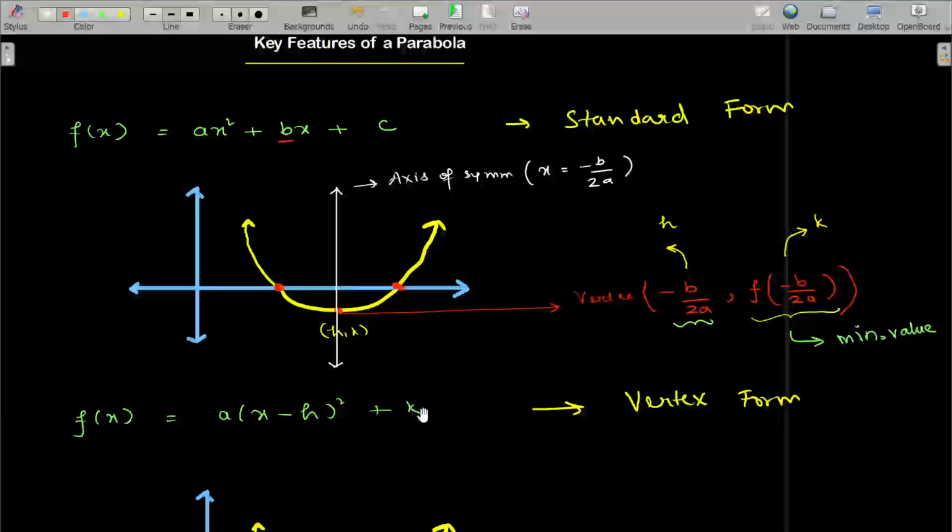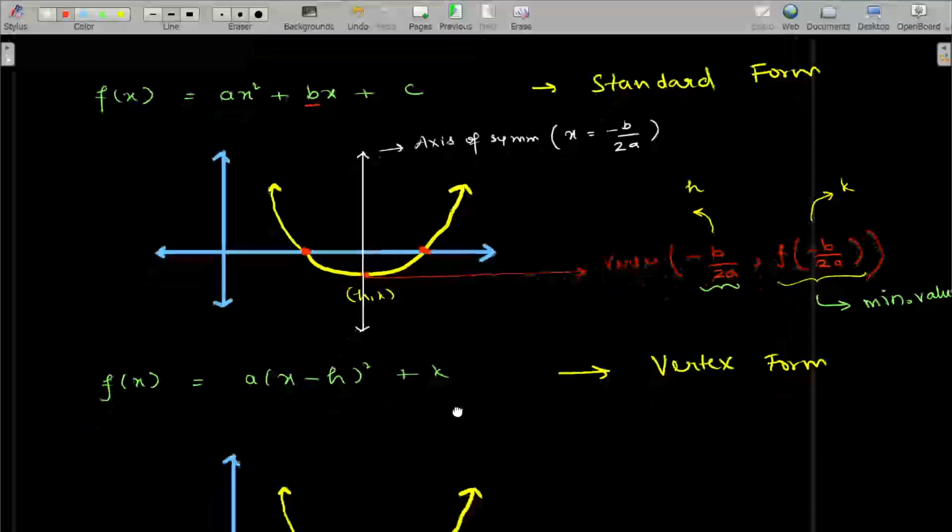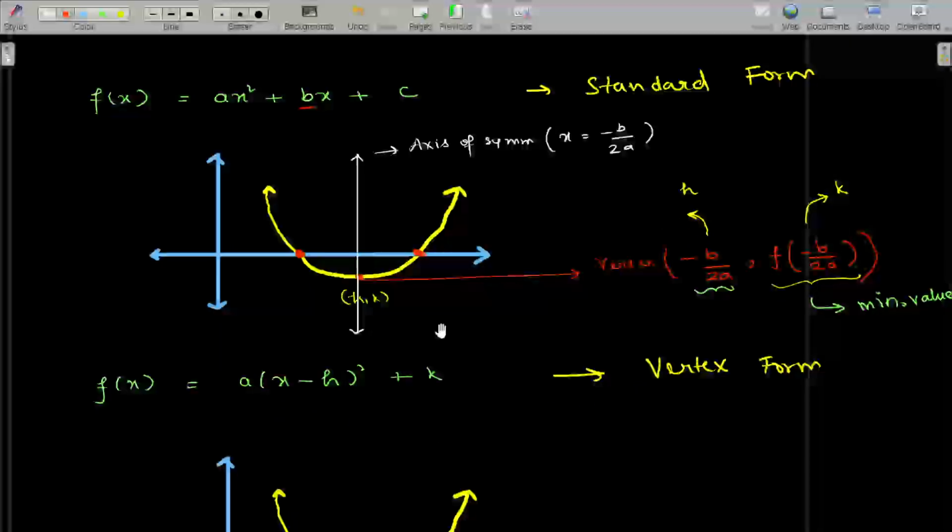And if you want to find out the x-intercept and y-intercept, let's say the graph is not given, just from the equation you have to find out, then how will you find out?